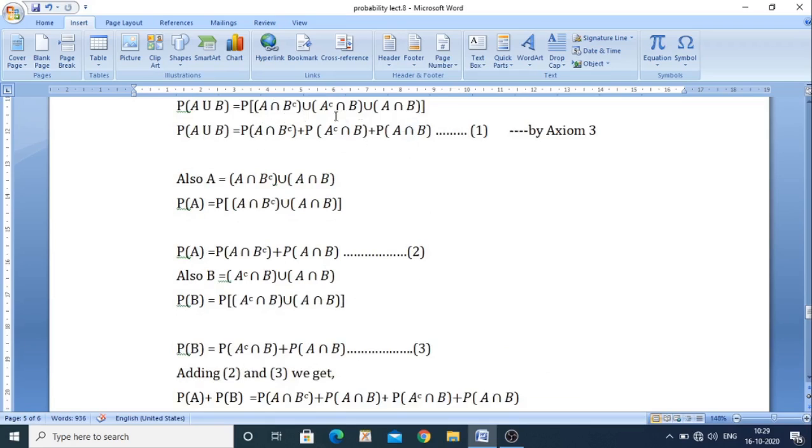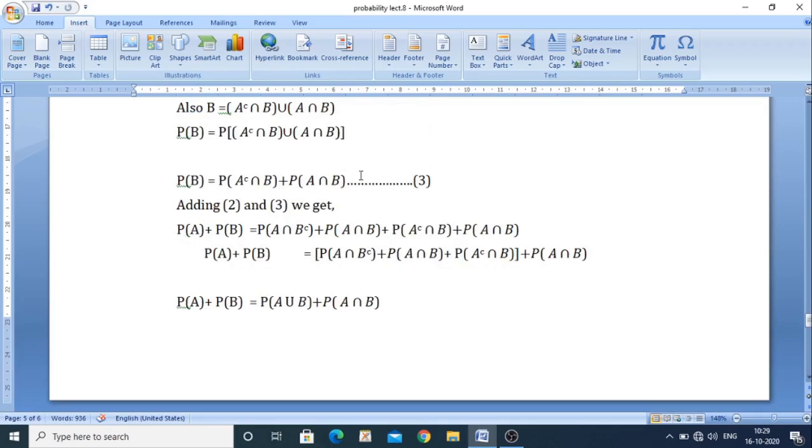Now see, this bracket quantity is nothing but the RHS of equation 1. So for this we can write as LHS, that is P of A union B. So from 1 I can write this square bracket as P of A union B and this P of A intersection B as it is.